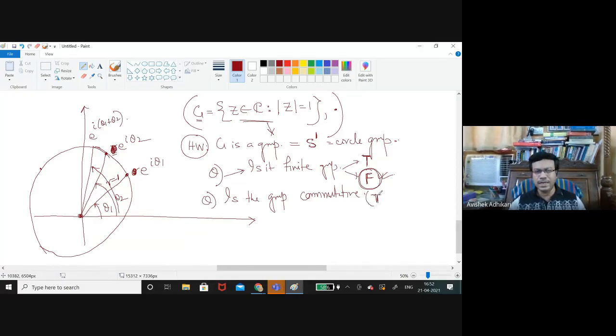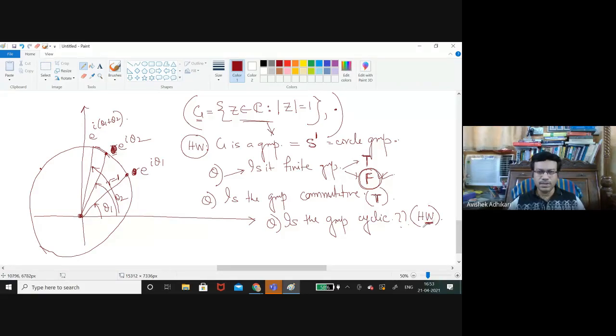Is the group cyclic? That is an interesting question that you need to think about. So this is your actual homework. Next class you will tell me whether this group is cyclic or not. So you have seen that this is an infinite commutative group.